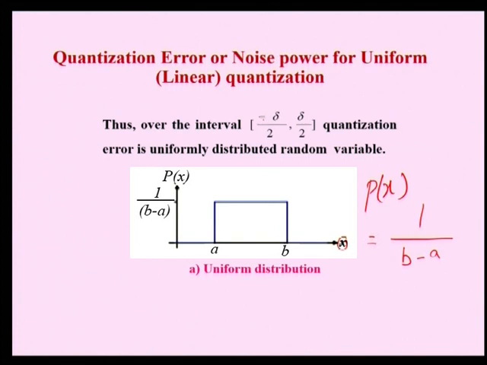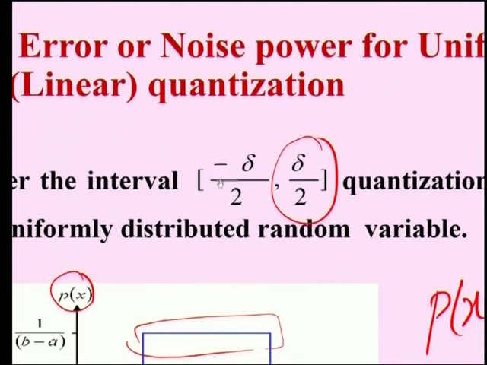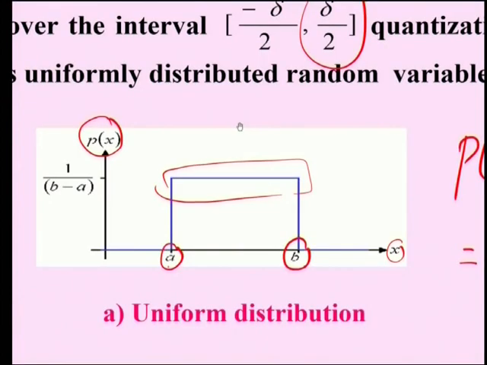If we consider the error is uniformly distributed in the range minus del by 2 to plus del by 2, what happens to the probability density function PDF?